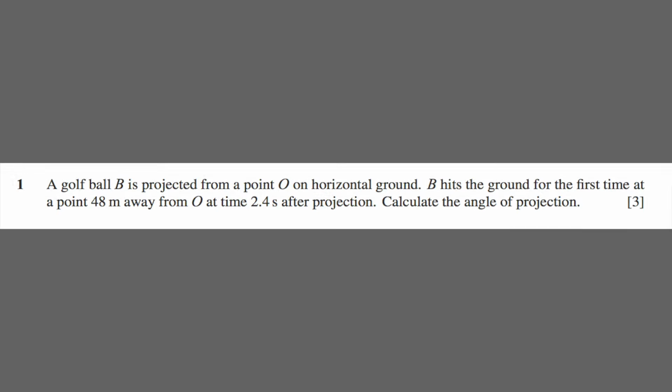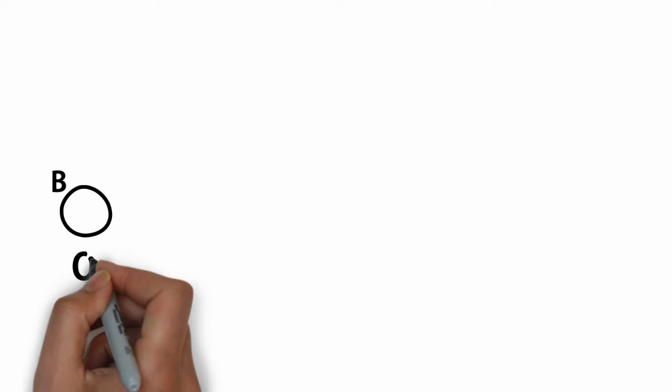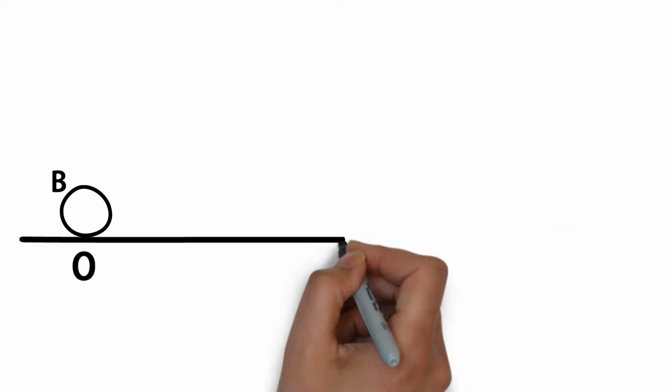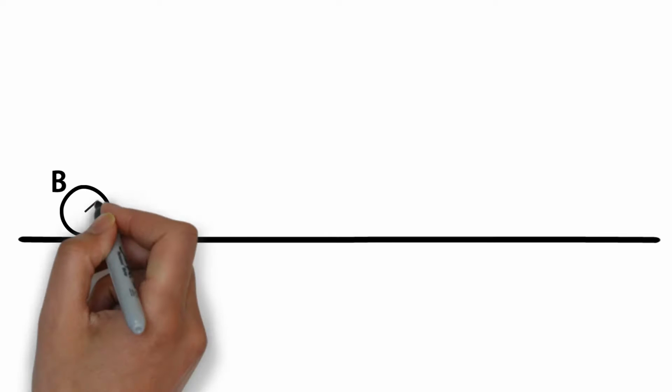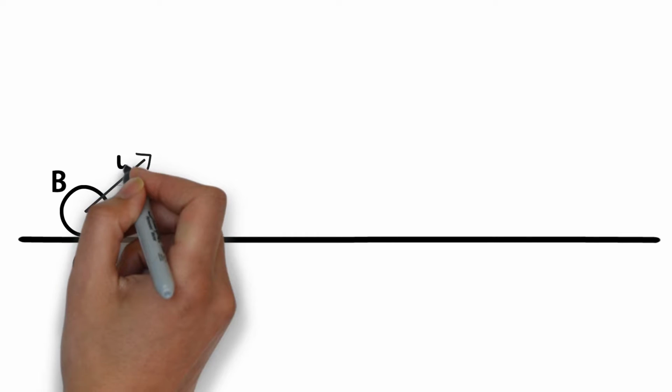Let's set up the diagram first. So we have a golf ball B at point O on a horizontal ground. Let's assume that this ball is being projected with an angle of theta degrees and with initial velocity u.